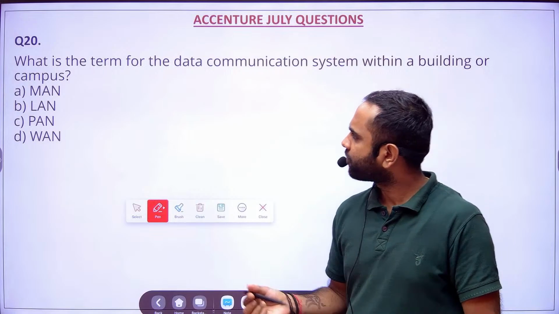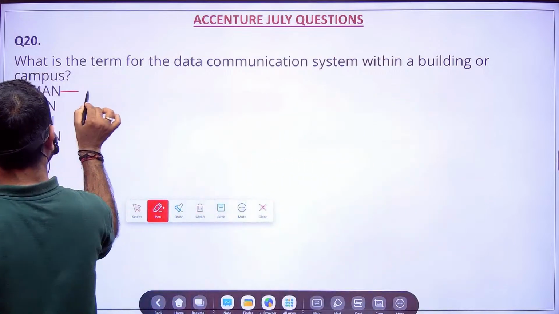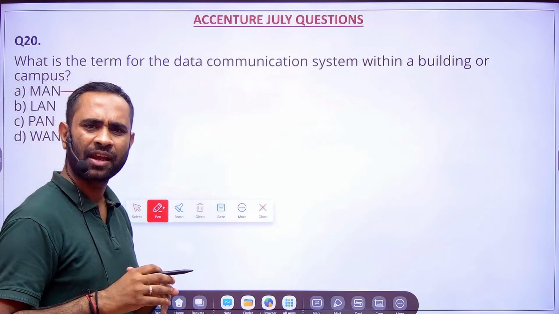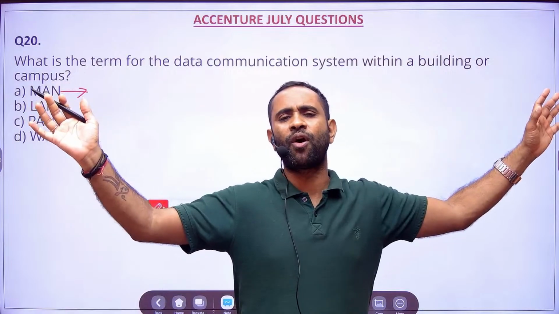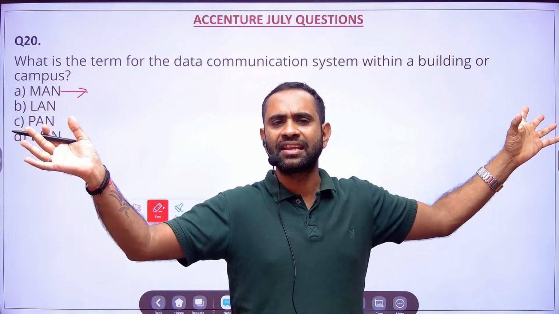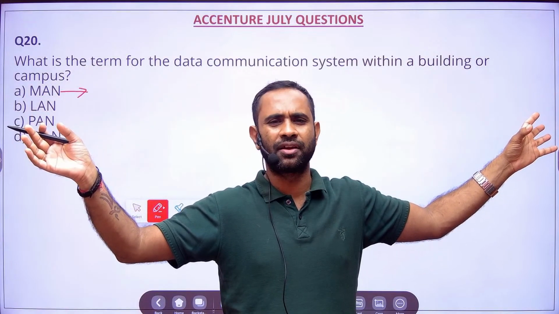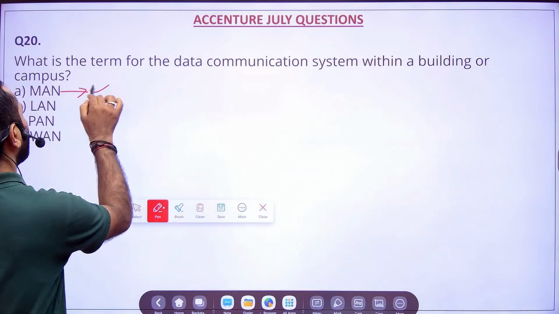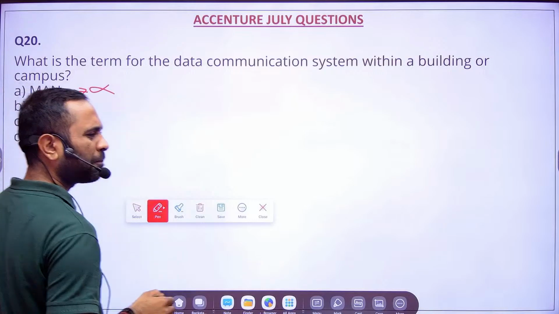LAN. Okay. So friends, basically this MAN, if you see, is metropolitan area network. The name itself says it: if you want to connect cities with networks, then you have to go for MAN, metropolitan area network. So this will not be the answer. PAN is personal area network.